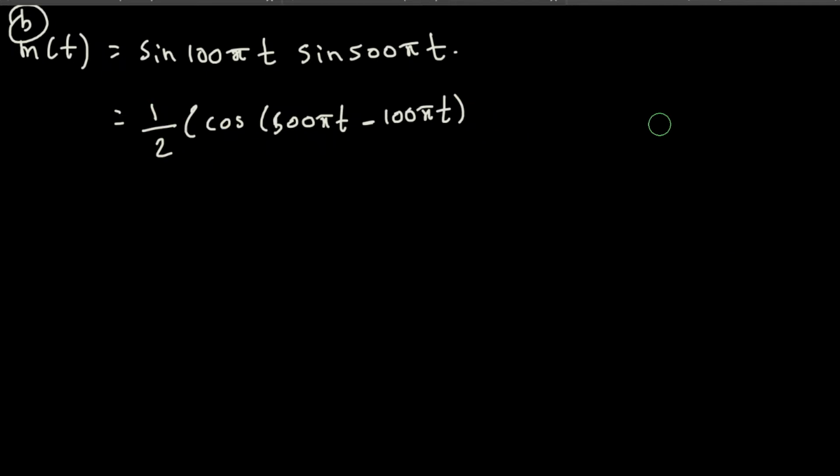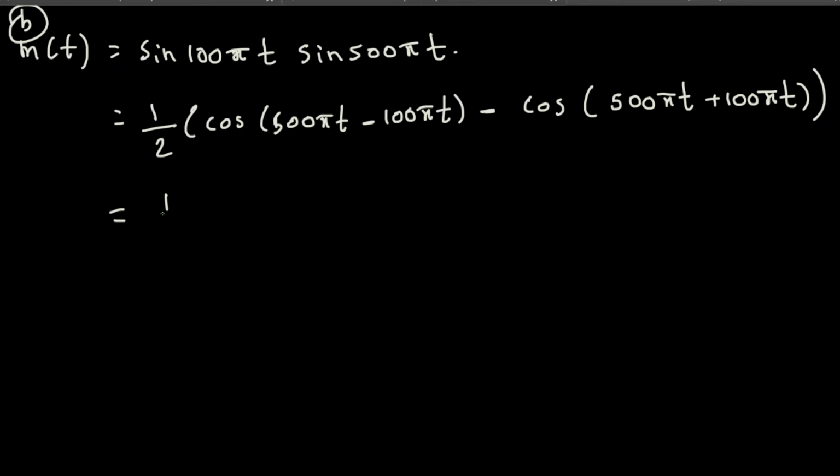The half is common for both of them. The next expression I'm going to bring as well. And then there's a subtraction sign, and then cos 500 pi t plus 100 pi t. Okay, and that's the expression.